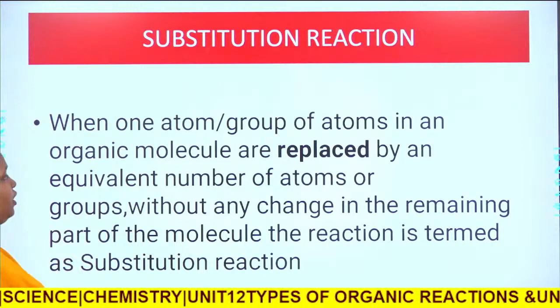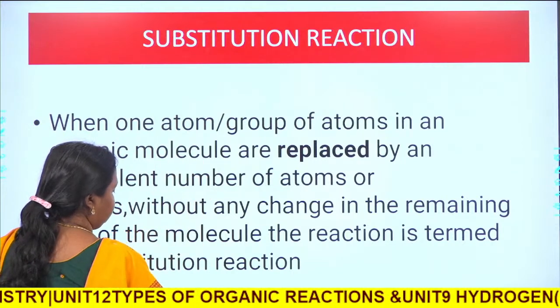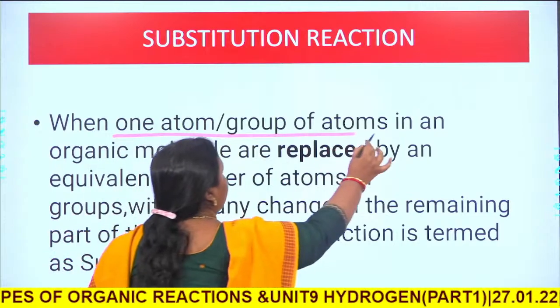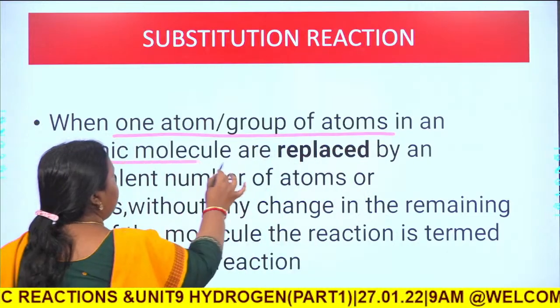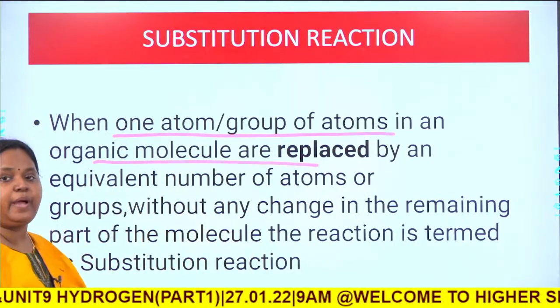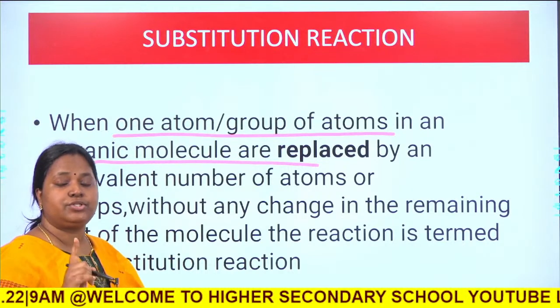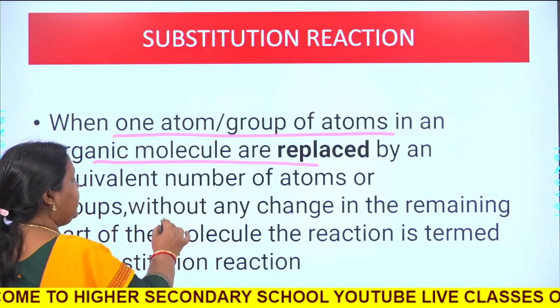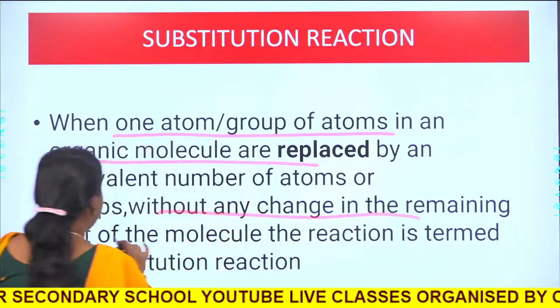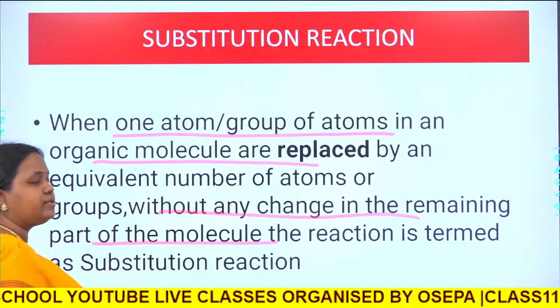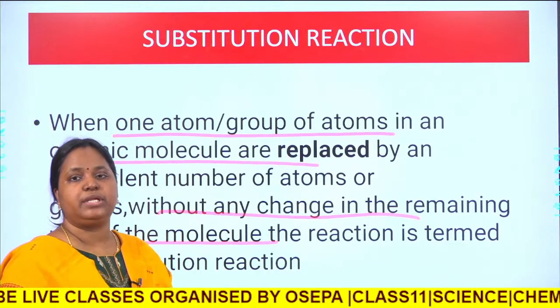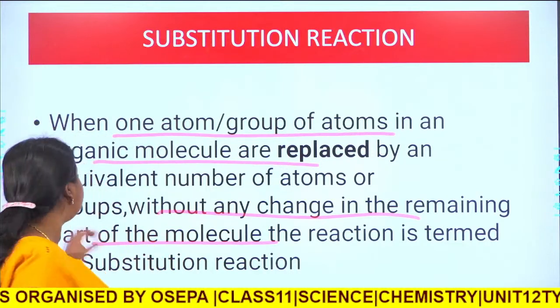When an atom or group of atoms in an organic molecule is replaced by an equivalent number of atoms without any change in the structure of the remaining part of the molecule, then the reaction is termed a substitution reaction. For example, see what a substitution reaction is.